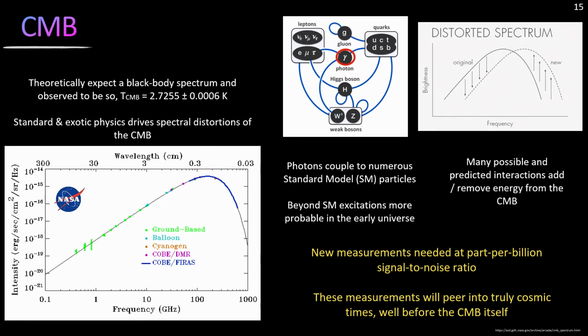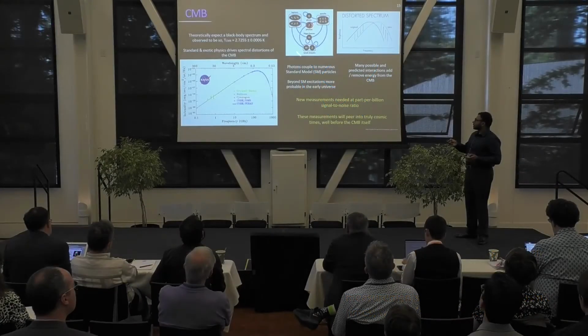Add to that the fact all this exotic physics at higher energies, such as dark matter decays and whatnot, should also add to this distortion from the black body. And why is this relevant? So now I'm going to put my particle physicist hat on and talk about the standard model in one little graphic. If you look at all the particles that we know of, the photon, i.e. light, the way you're seeing me, is connected by first degree or second degree to everyone.